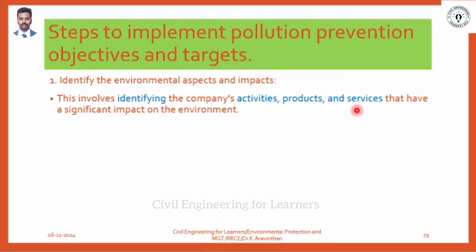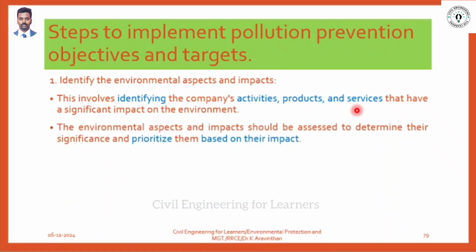So aspect based on products, aspect based on services, aspect based on activities. If all 3 points are positive, then impact will also be positive. And you should prioritize. Highest priority has to be set first and sorted out based on their impact.